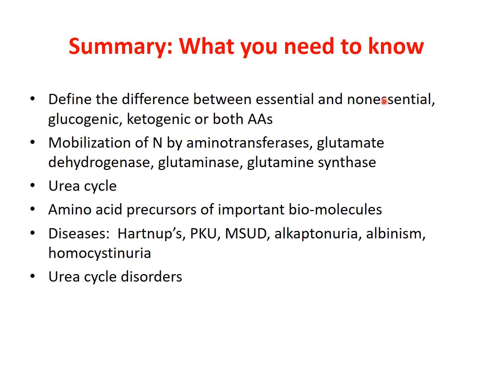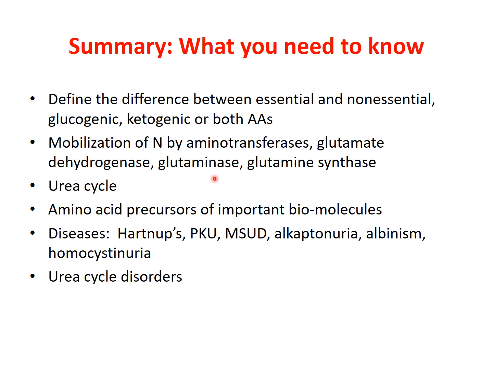Essential and non-essential amino acids. The fact that you can use some for producing glucose, some which are just ketogenic, and this is leucine and lysine. And then there are amino acids that can be used for both glucose synthesis and ketone body synthesis.